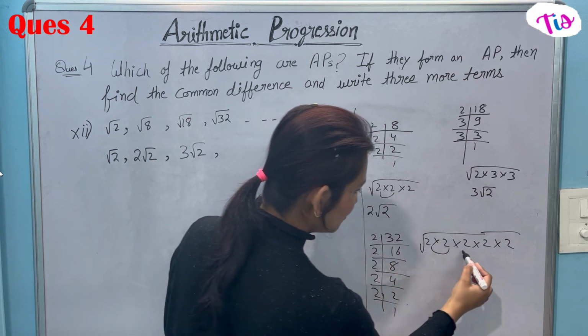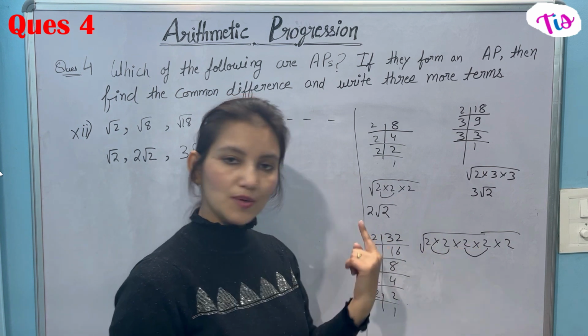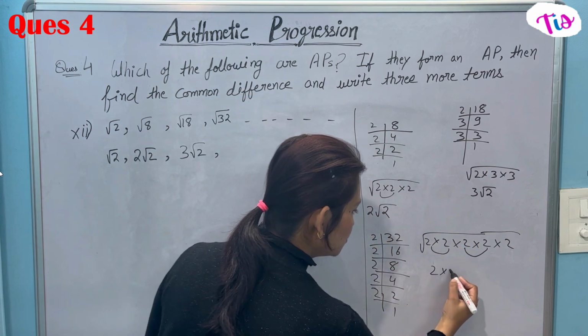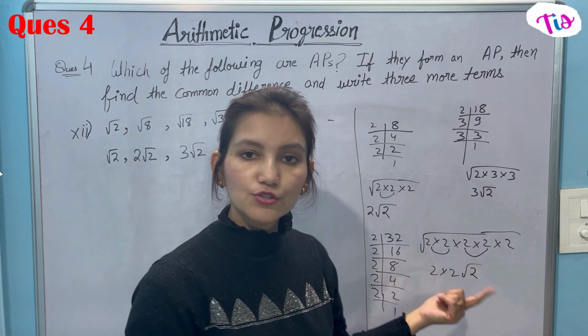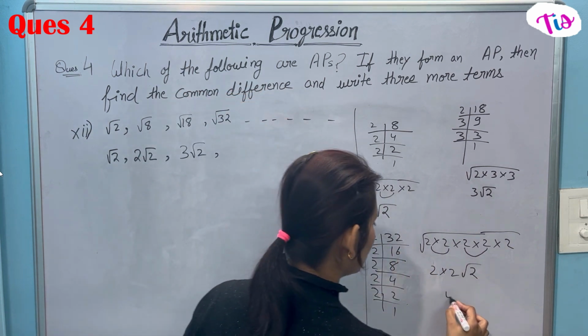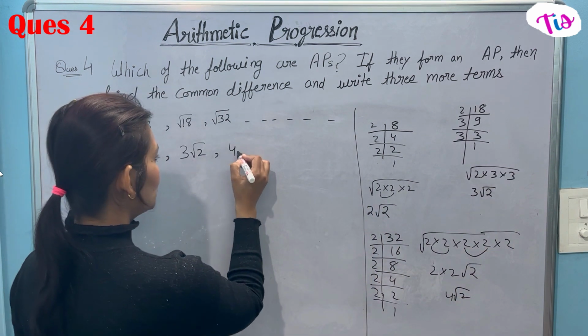Now 2 makes a pair, 2 makes a pair, and each pair will come outside. So 2 into 2 will come outside and we will be left with just 2 inside the root. Now 2 into 2 is 4. So root 32 can be written as 4 root 2.